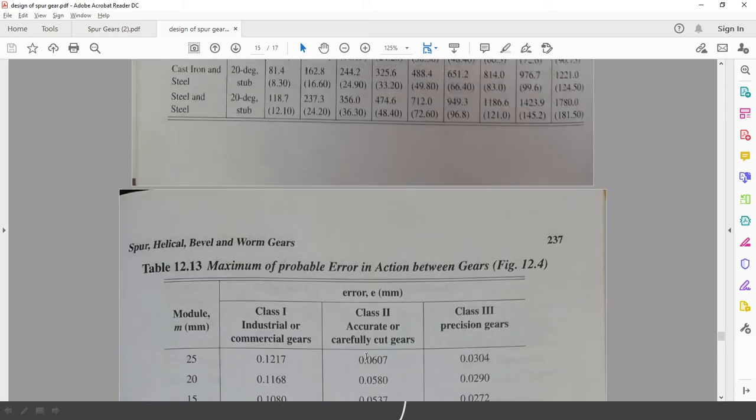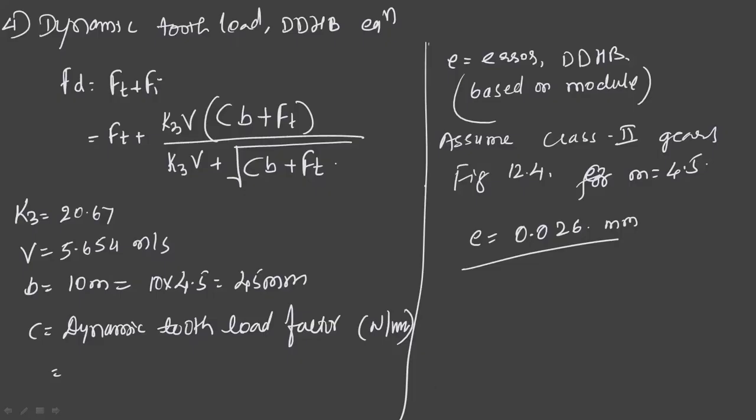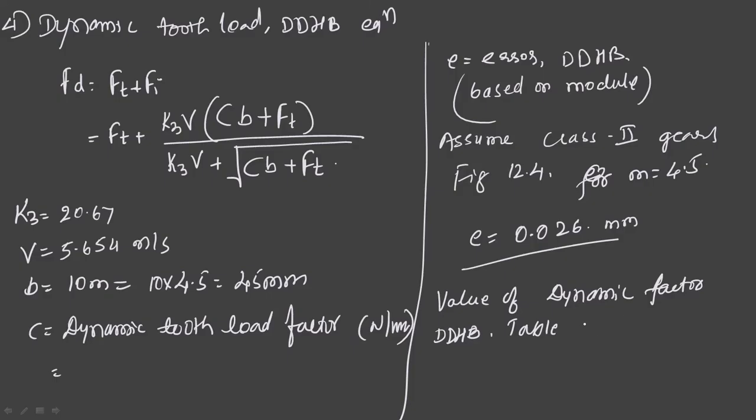Now let us go for the value of the dynamic factor. Refer to the design data handbook, table 12.12.